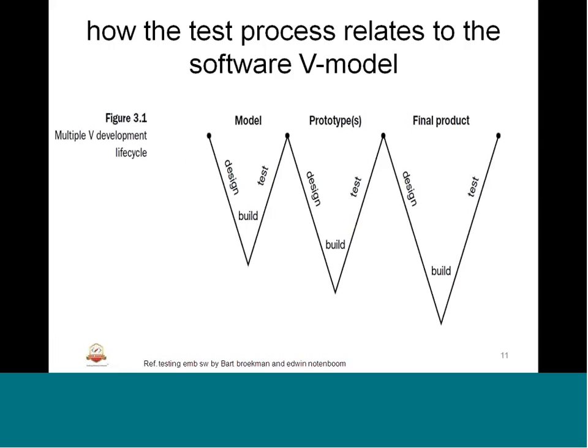Similarly, test is also a part of that V model, and we take an example of this figure from the book by Bart Broekman and Edwin Notenboom. In this figure you can see a multiple V development life cycle, where we have depicted three Vs. The first is modeling, the second is the prototype, the third is the final product.